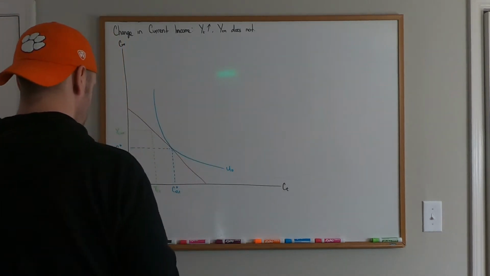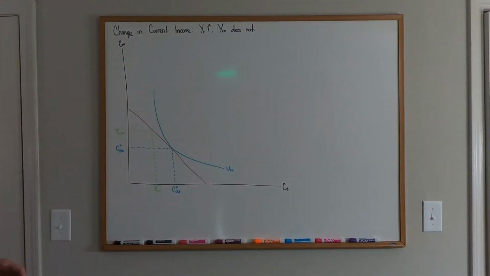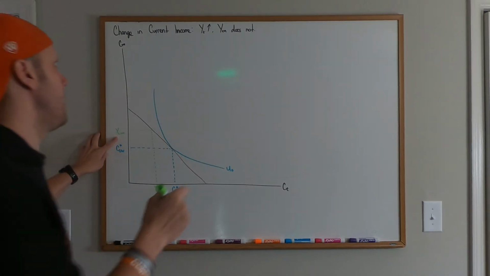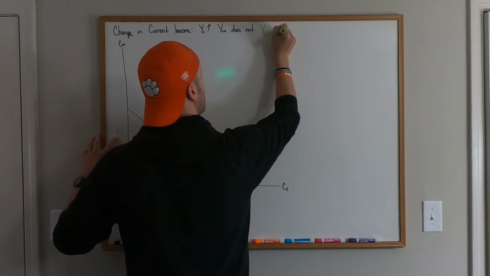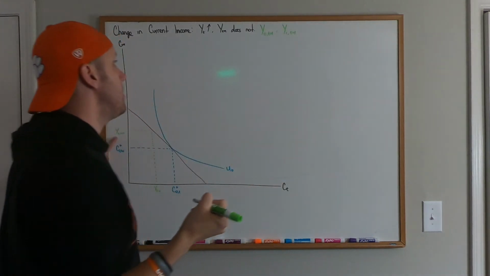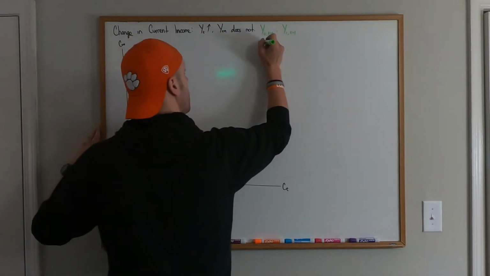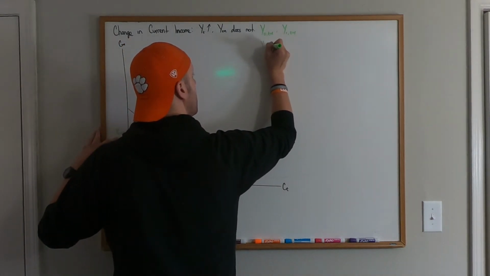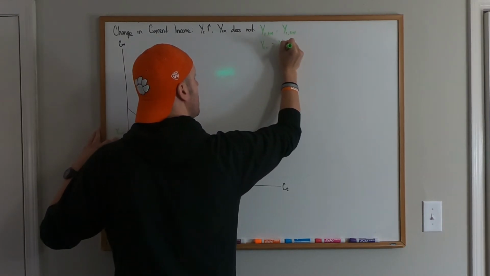Let's use this green marker again. If current income changes but future income doesn't, that means future income is going to be the same. So looking at this, Y0T plus 1 equals Y1T plus 1, and Y0T is going to be larger than Y1T.